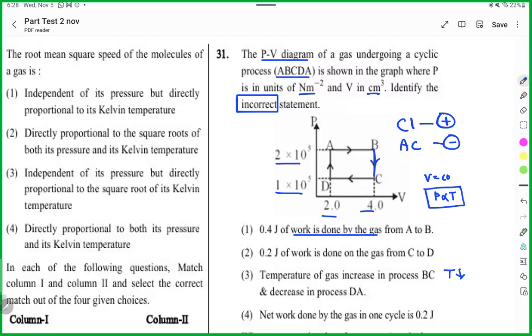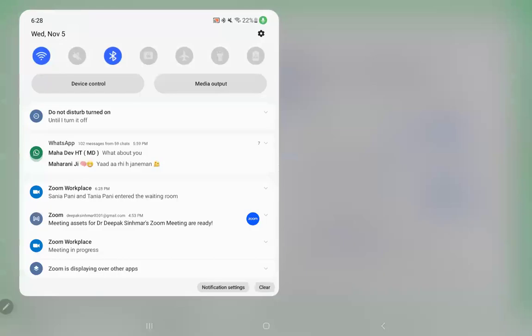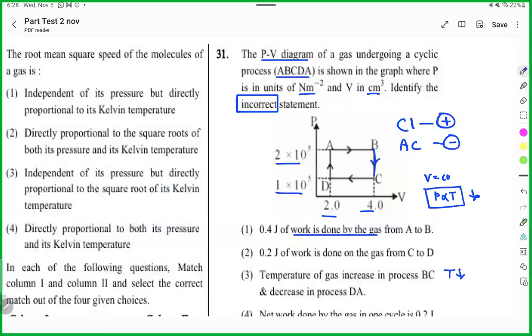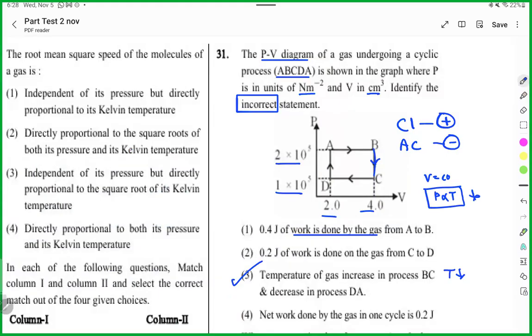So if pressure decreasing, temperature will also decrease, right? So option will be third. Yes or no? Yes. Done? Yes.